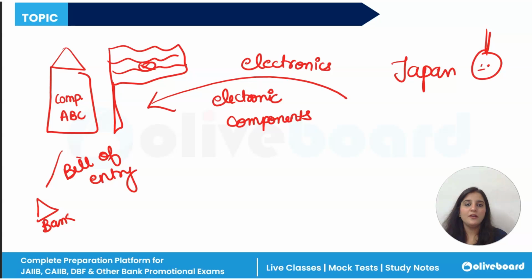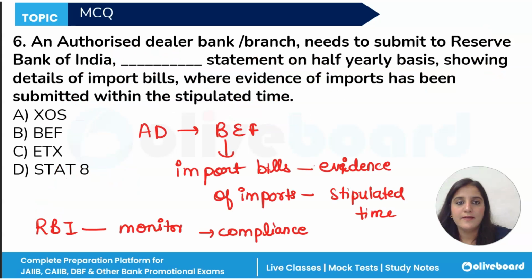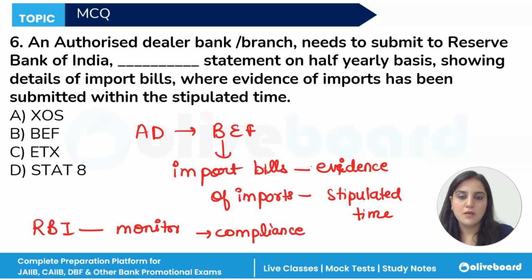So this type of BEF is basically filed on a half-yearly basis, which shows the details of import bills where evidence of imports has been submitted within the stipulated time. Okay. So here the correct answer is BEF.